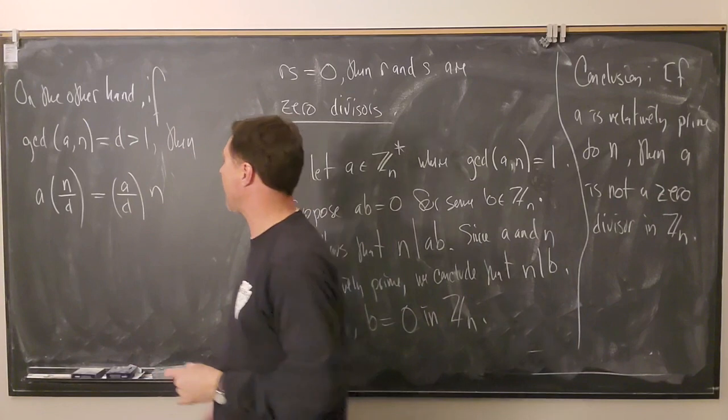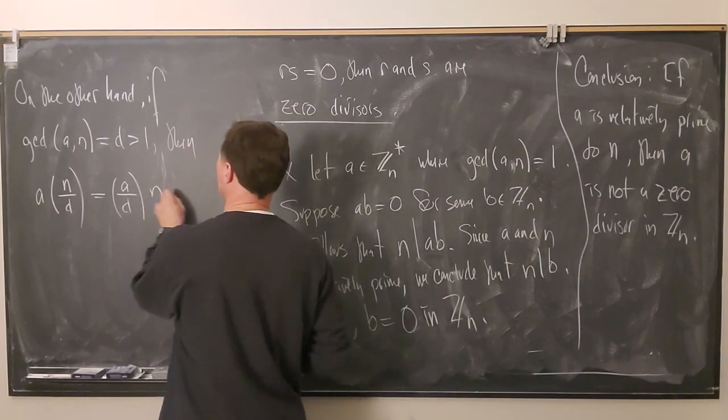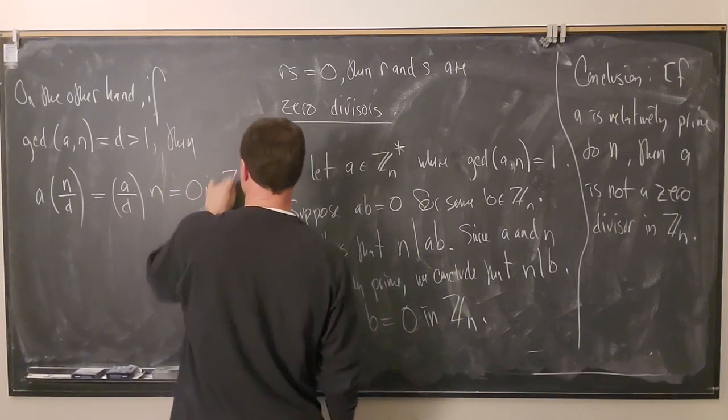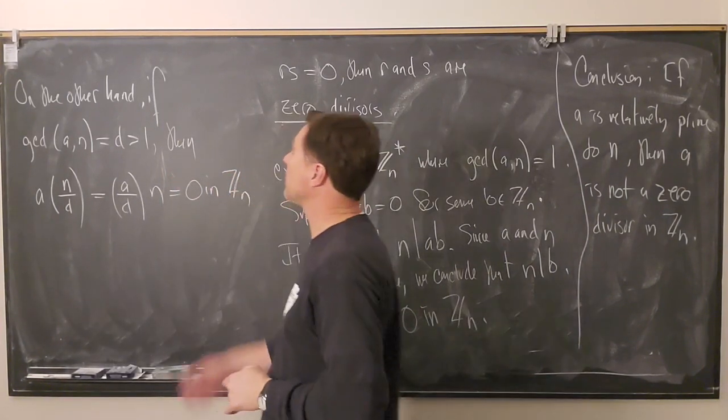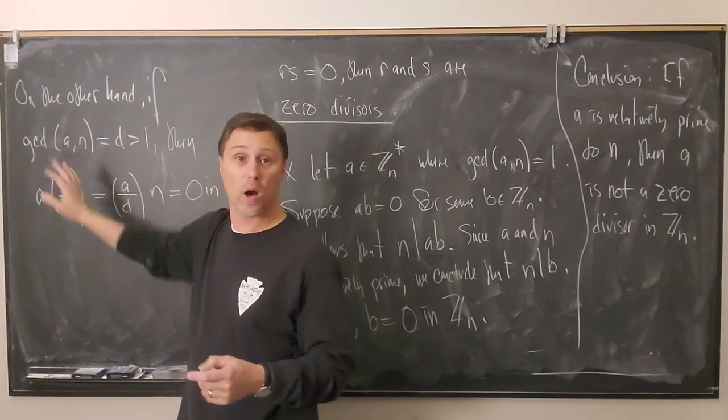And so what do we have? This is going to be an integer times n, right? We know that that's equal to 0 in Zn. And so what does that tell us? If you are not relatively prime to n, then you are a 0 divisor.